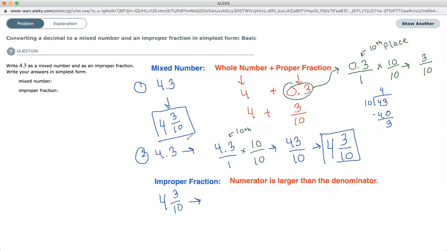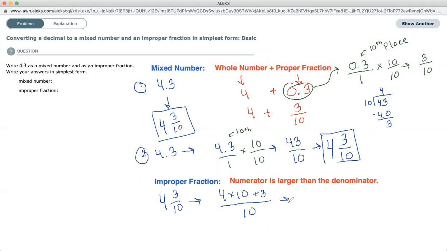So to do that, remember to go from a mixed number to an improper fraction, there was a procedure. You multiply the whole number by the denominator, and then you add the numerator to that. Your denominator does not change. The only time the denominator changes is when you multiply or divide.